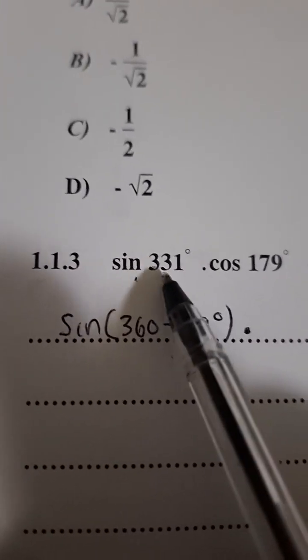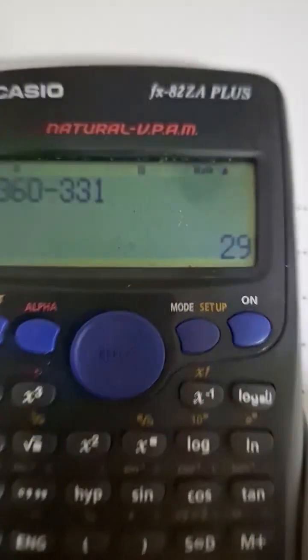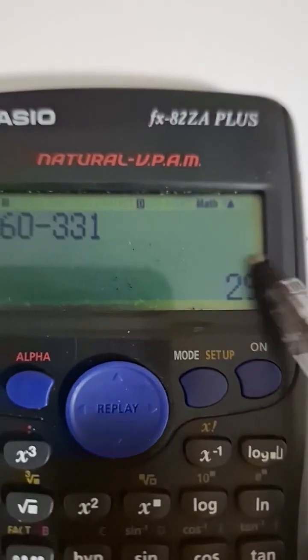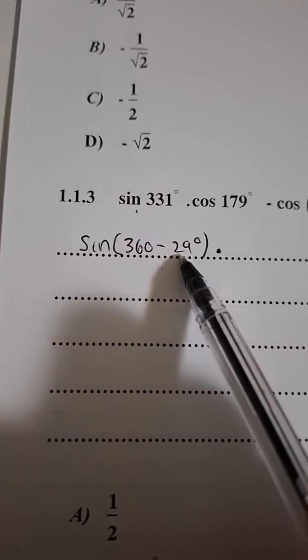I have 360 minus, 180 plus and 180 minus. So I look for an appropriate function value that is close to 331, and the appropriate one would be 360. But my question: what is 360 minus what will give me 331? You can go to your calculator and say 360 minus 331 gives you 29. So the acute angle that needs to be there is 360 minus 29. That's how I got 360 minus 29.